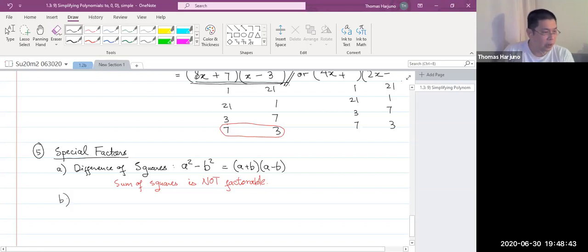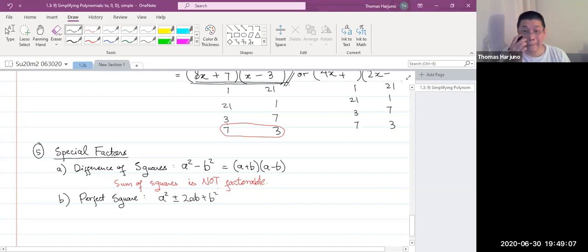The second case from special factors that you have to keep in mind is the perfect square case. If it satisfies this pattern, a squared plus minus 2ab plus b squared, then it is a plus or minus b in square.